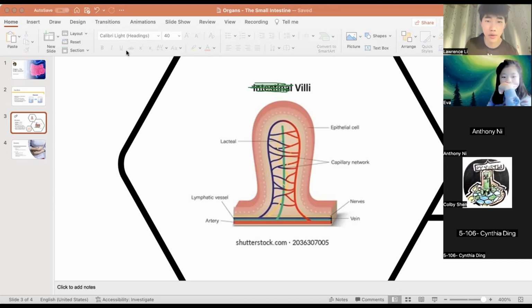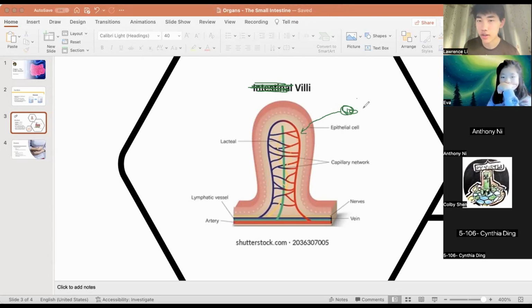So let's say we're a nutrient and we want to follow this path. We're out here, chilling in the small intestine. When we hit this villus, we pass through this epithelial cell because of a certain type of diffusion, which is related to osmosis.